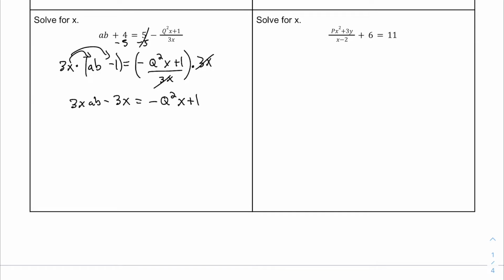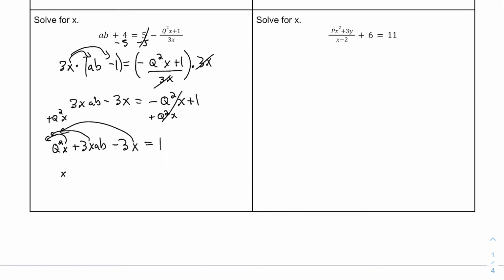I want to get all my terms with x on the same side, so I add q squared x to both sides, leaving me with q squared x plus 3xab minus 3x is equal to 1. Factor out my x.